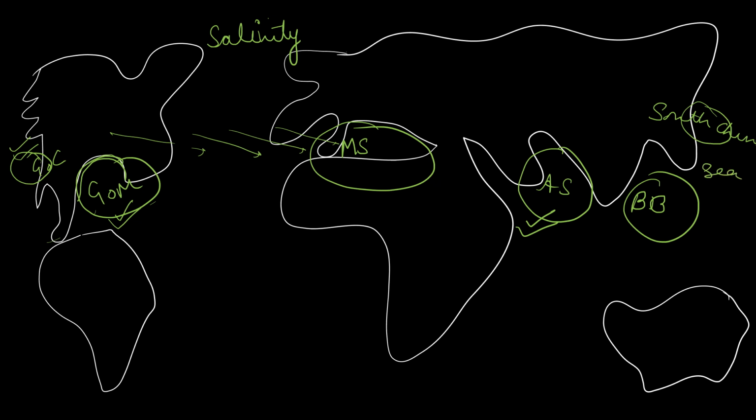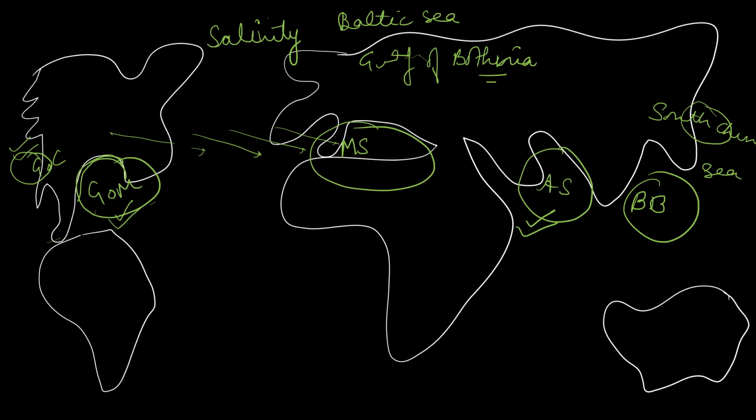Next we have the Baltic Sea and the Gulf of Bothnia. So we can see that in temperate regions, the salinity of an enclosed sea would be lesser, because the temperature is lower, and that's why less evaporation would take place.